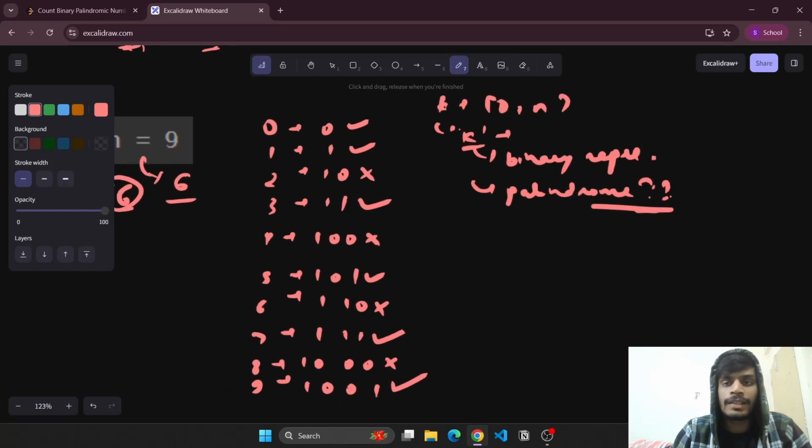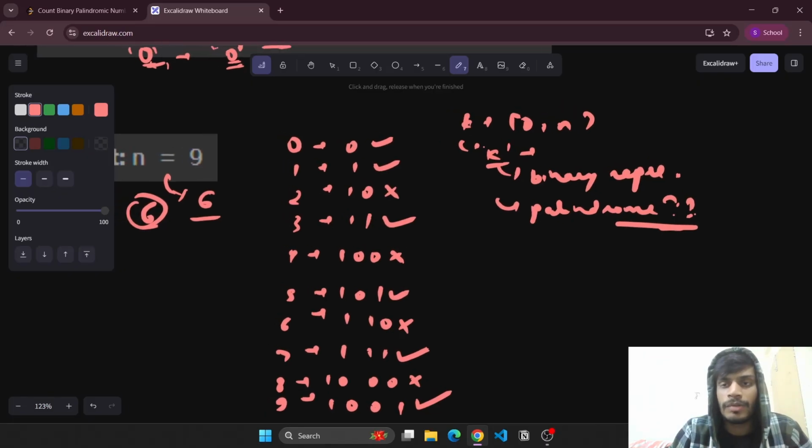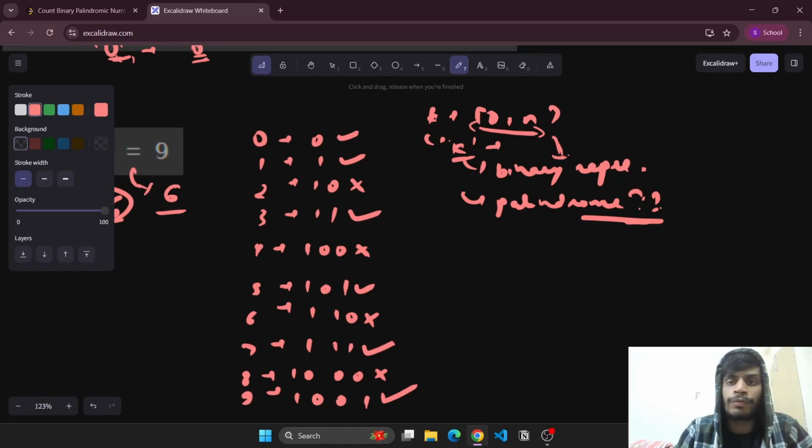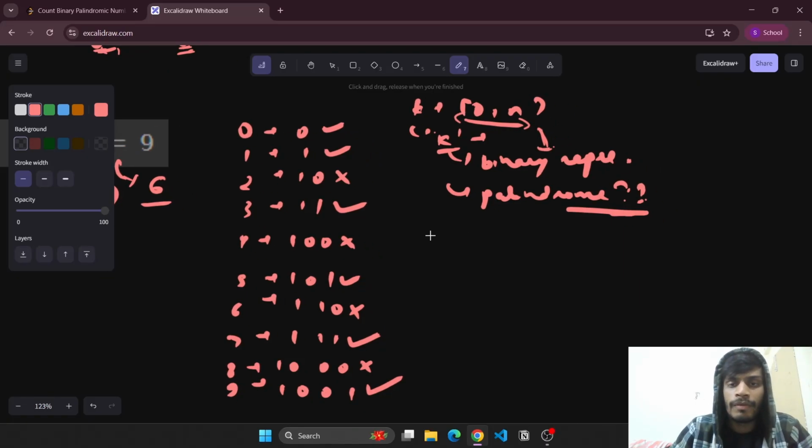So let's see the approach for this code. We will simply iterate through all the numbers and find the binary representation. I hope you will be able to find the binary representation. We'll create an empty string, initially empty. Now we'll check the last bit of a particular number num. If it is set, then we'll push 1 in this string, or we'll push 0 if it is not set.